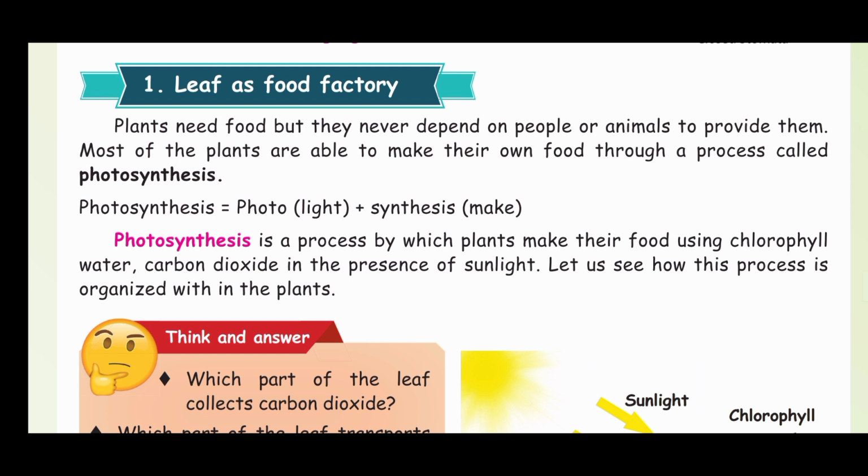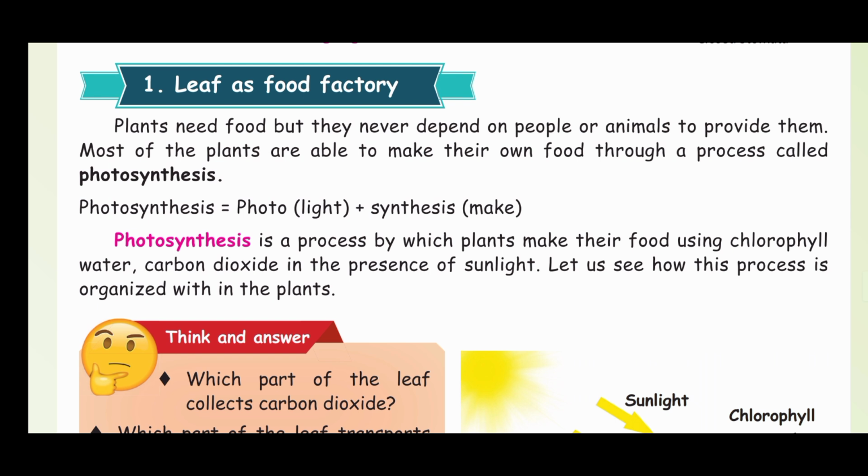Plants will take that carbon dioxide to prepare their own food. And sunlight should be there. Only when the sun is there will it prepare its own food. It will not prepare food at night time. So plants prepare their own food with green pigment, water, carbon dioxide, and in the presence of sunlight.